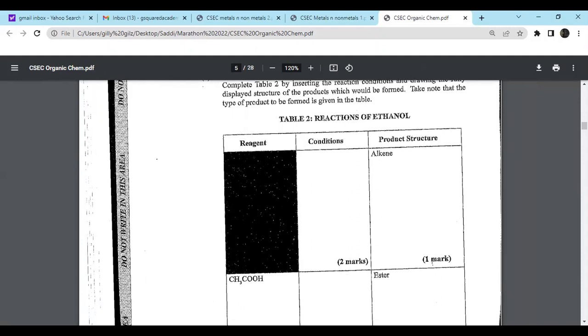So here you go. There's no reagent there. The condition is there. The product is an alkene. So in other words, how can I convert ethanol to an alkene? And which alkene will I get? Well, the fact is that if you have ethanol and you're converting it to an alkene, you cannot create or destroy matter.